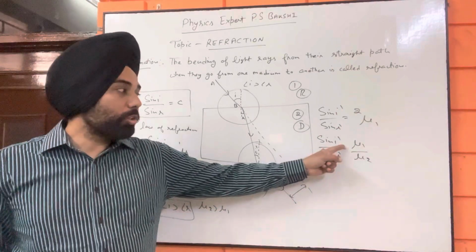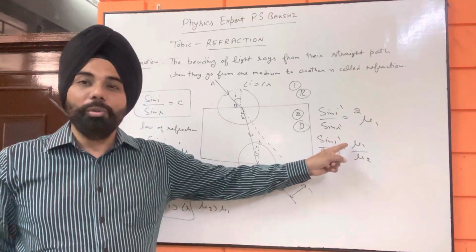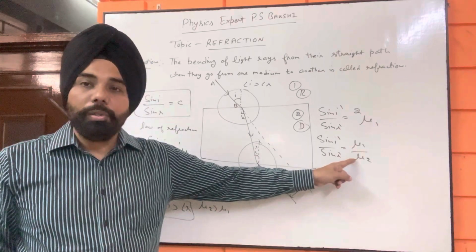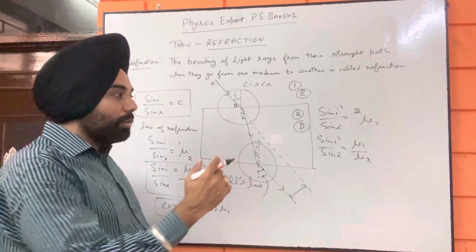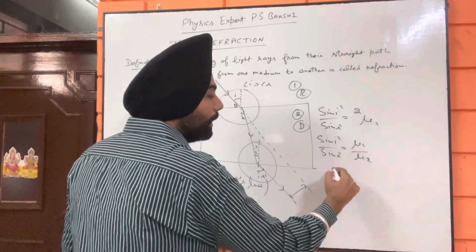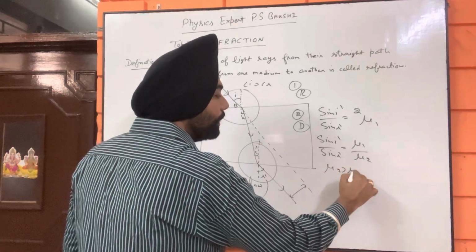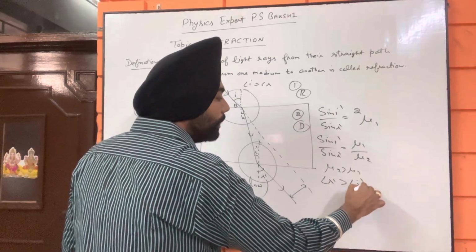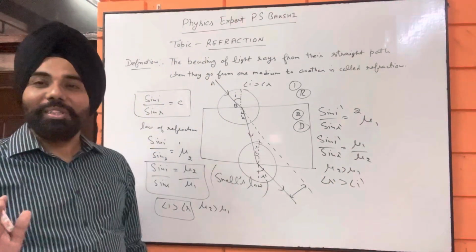Now in that equation, mu1 is in the numerator and it is divided by mu2. So mu2 is always going to be higher. So on the right-hand side, if mu2 is greater than mu1, then obviously angle r dash is also greater than angle i dash. It's a very simple thing.